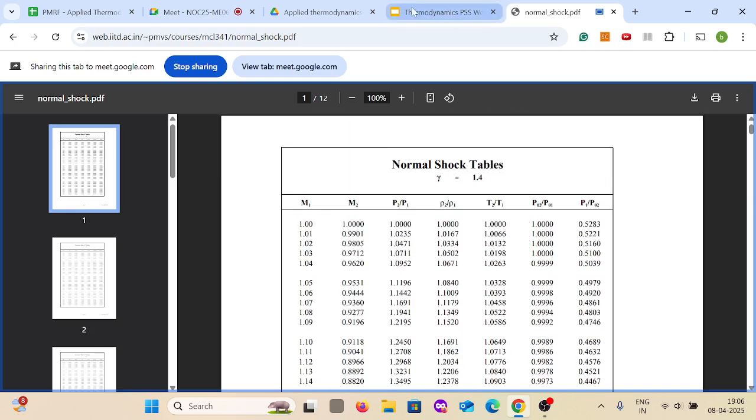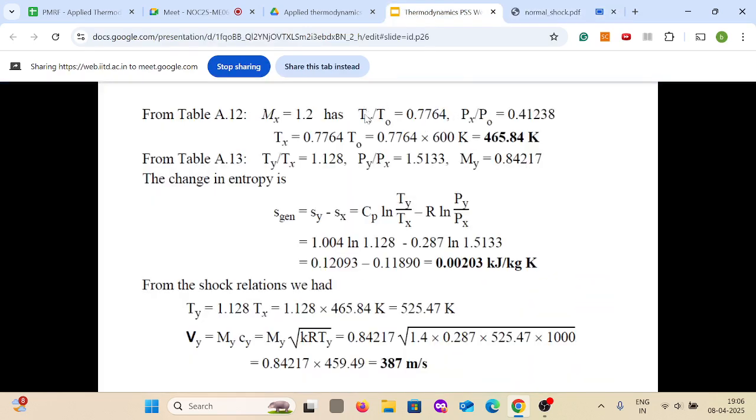And here T by T naught is not given. So this is your compressibility table for stagnation properties, for finding out stagnation properties.